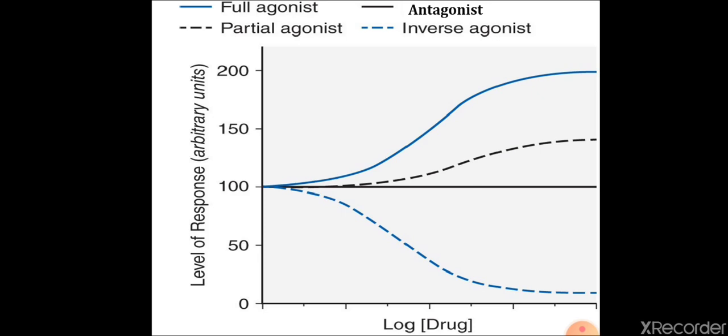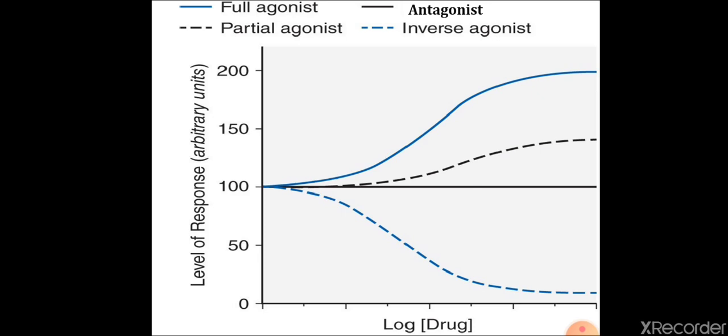You can see here it is showing its effect at the fullest capacity, so intrinsic activity is maximum, it is 1. Antagonist, their intrinsic activity is 0. You can see the straight line, so antagonist has intrinsic activity 0.